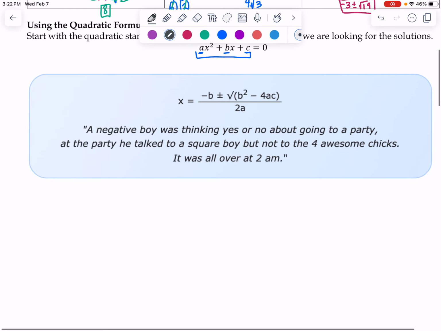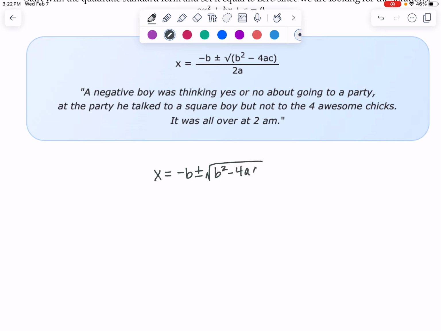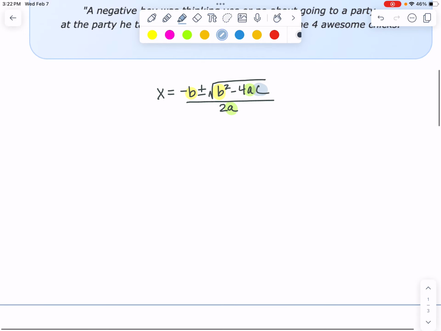Using those a, b, and c values, it's x equals opposite b plus or minus the square root of b squared minus 4ac all over 2a. We're going to plug in values for the b, the a, and the c. Okay? We're just going to practice that.